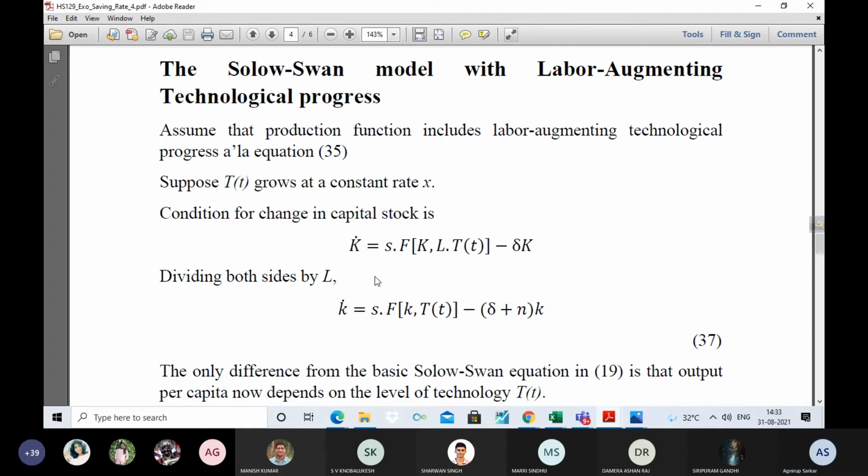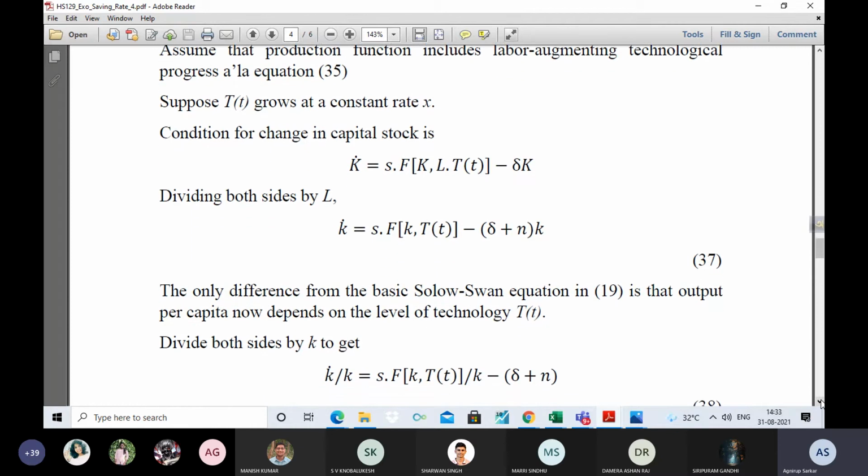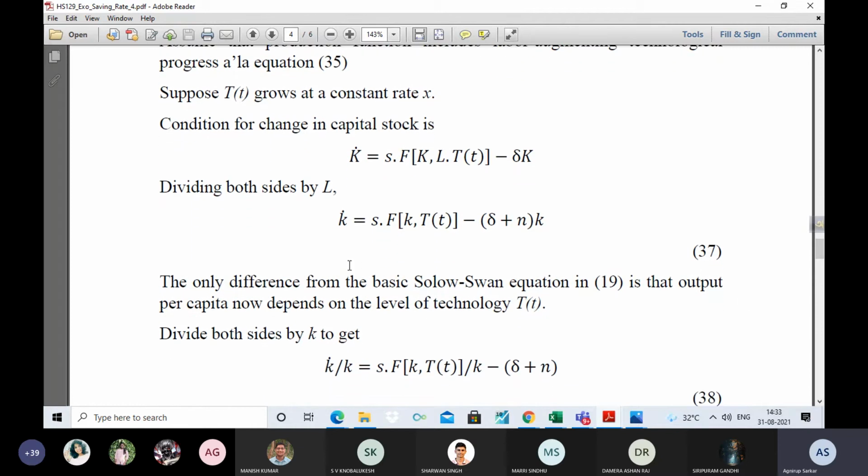This is how small k changes over time. It follows from this equation; you just have to divide both sides by L and simplify. So this is how the basic Solow-Swan equation, equation number 19, gets modified.